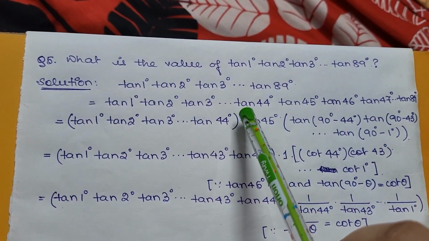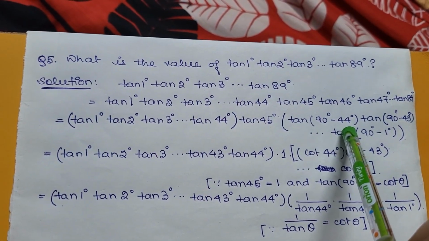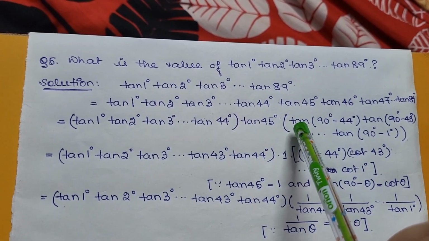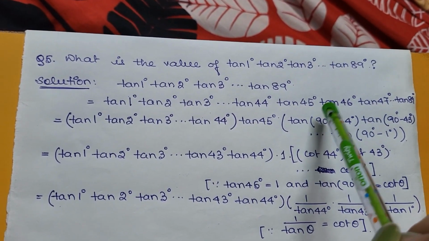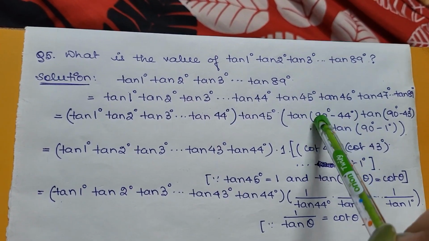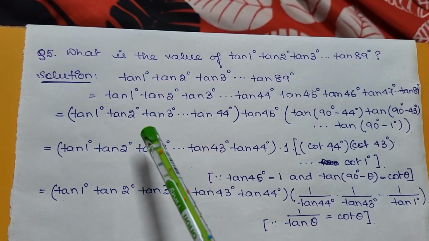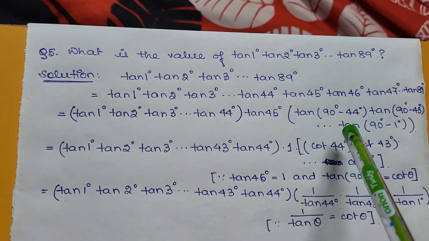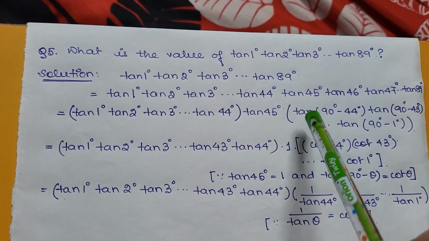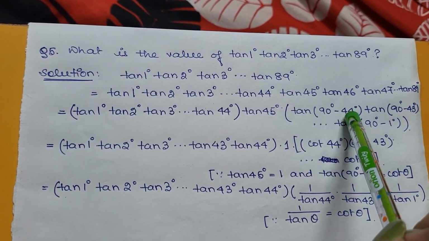So the reason for clubbing this together and keeping this separate is that if we can write tan 46 degree in terms of cot, and since tan and cot are reciprocal to each other, we can simply cancel both. So, for cancelling and simplifying this, we write tan 46 degree as tan of 90 degree minus 44 degree.